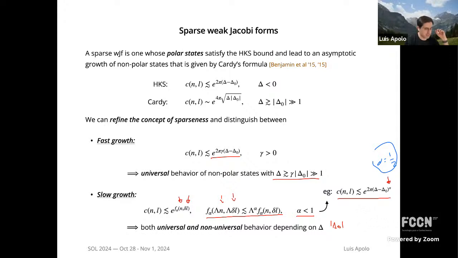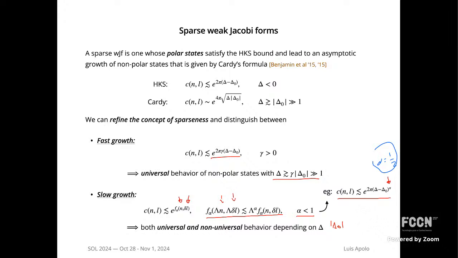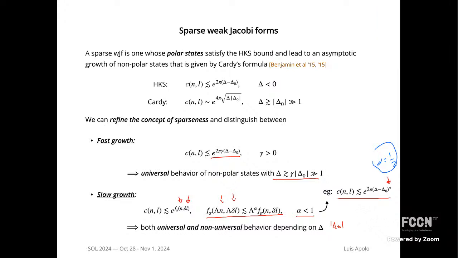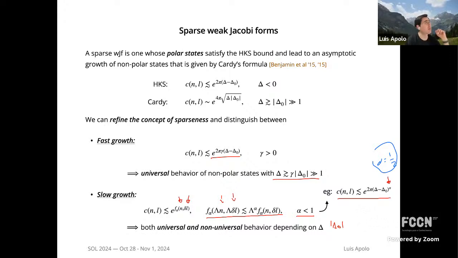You mean for the density or for the weak Jacobi form? For the weak Jacobi form. Because how do I check that for symmetric product that this is the growth if I don't have a function? Well, for the symmetric orbifold of K3, you just take the simplest one, this one, and then construct the symmetric product orbifold of this, right?